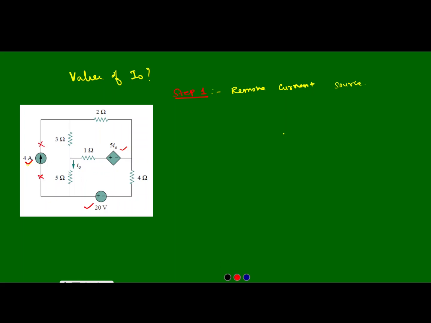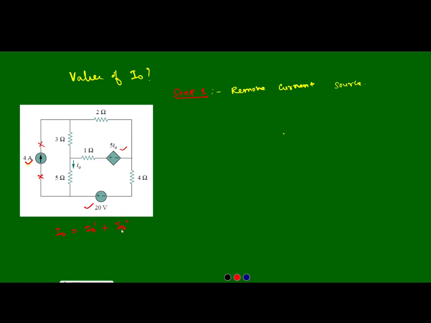Now I need to find the value of I0 here. I0 is the combined effect of both sources. In the superposition theorem, we find the value of I0 in two steps: the algebraic sum of the current flowing through the 5 ohm resistor when the voltage source is active, and when the current source is active.